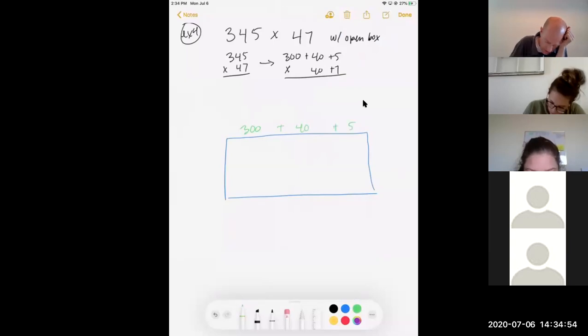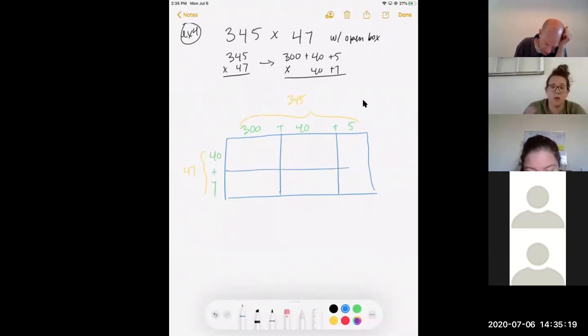So that's my 345 right here along this dimension. And I'm going to divide it up like this. And along my other dimension, which is the vertical part, we're going to do 47. So we'll do 40 plus 7. That makes my 47. Make a division this way.